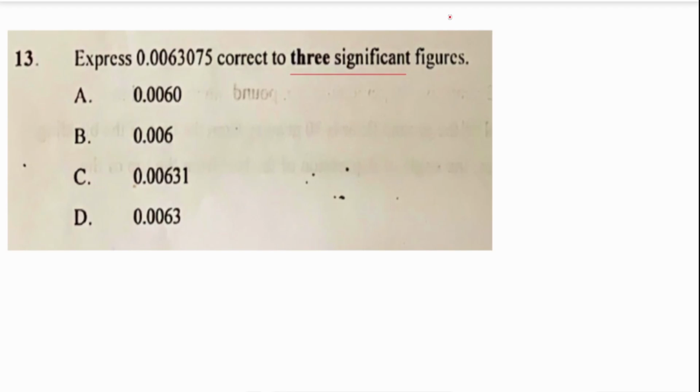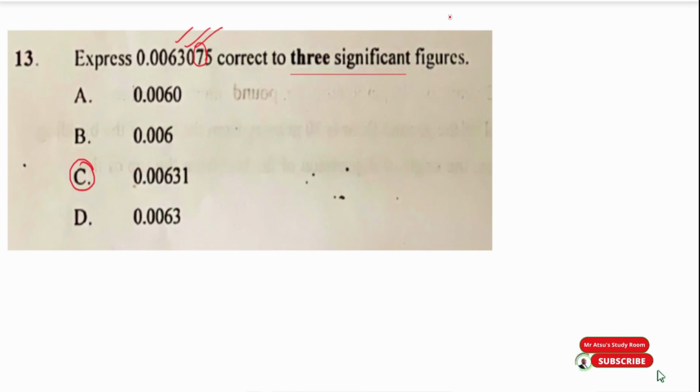So with this, it means that this is the first significant figure, this is the second, and this is the third. So we end it on the 0. But then the number after the 0 is more than 4. So we round it up to get 0.00631. And that is option C.